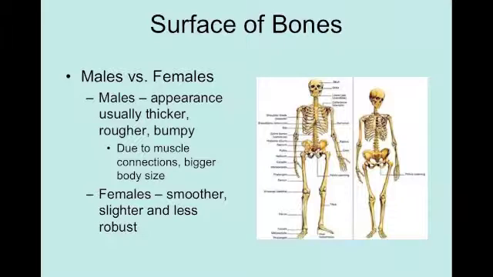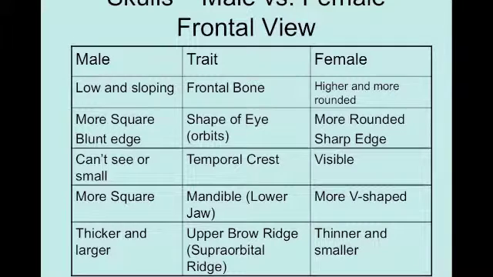When a muscle is connected to the bone, because that's how they move, we get bigger ridges and bumps on the male skeleton just because they're overall bigger. Females tend to be smaller or slighter, and their skeleton appears smoother because of the less pronounced muscle attachments.